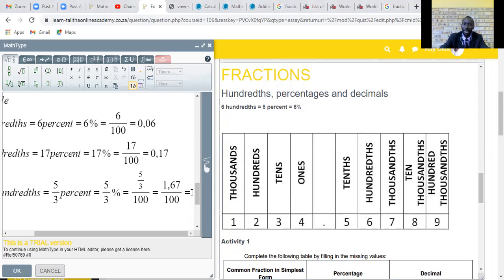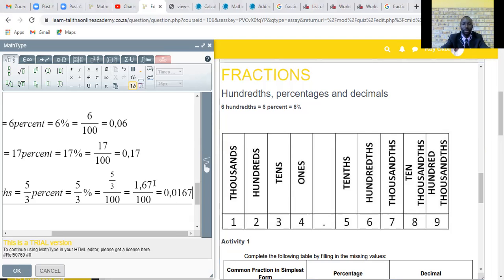Well, when we divide by 100, we will have to move the decimal point 2 steps to the left. So we'll be moving beyond this one, then to the next step. That would be 0.0167.